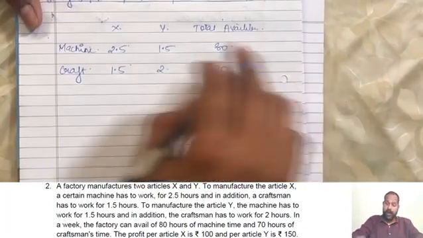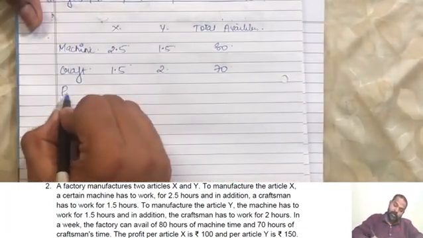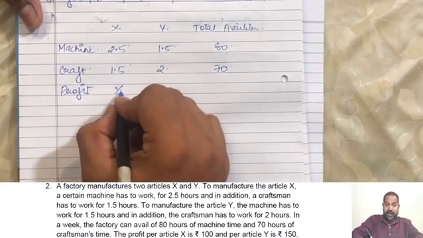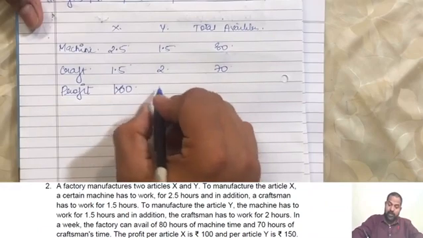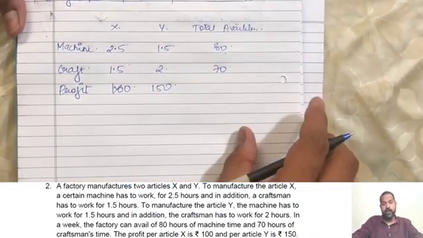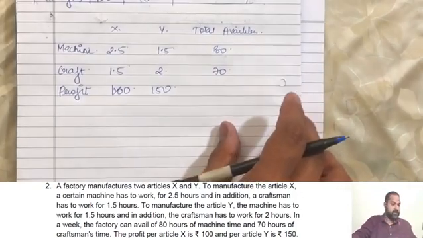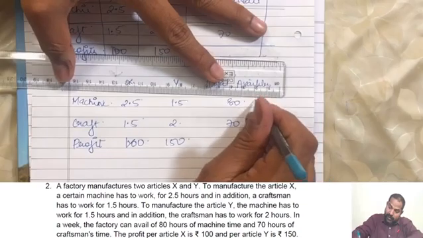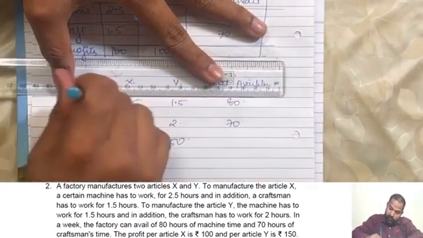The profit per article X. So let me make a new place. The profit per article X is 100 rupees and per article Y is 150 rupees. Formulate the problem to maximize profit. So once this is done, let me quickly finish off the table.